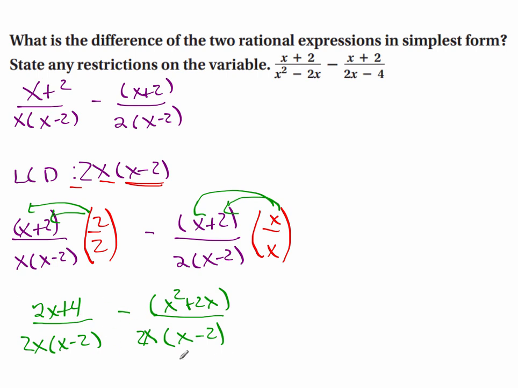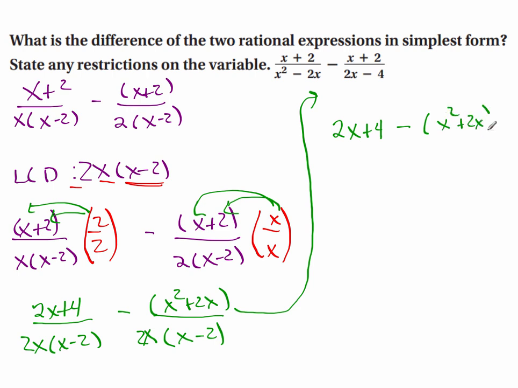Well, now I can combine them over one denominator. I'm going to move this up here, kind of ran out of room there. So this is 2x plus 4 minus, and leave your parentheses there, x squared plus 2x divided by 2x times x minus 2.